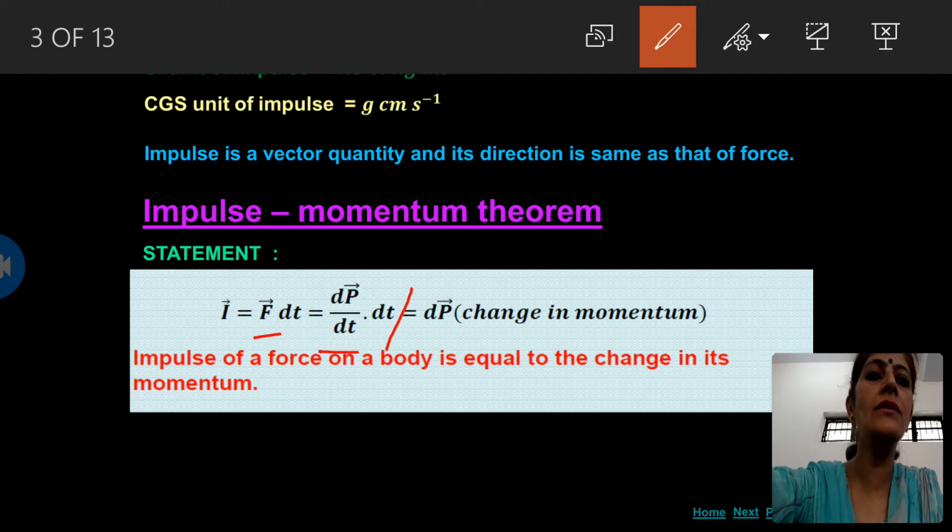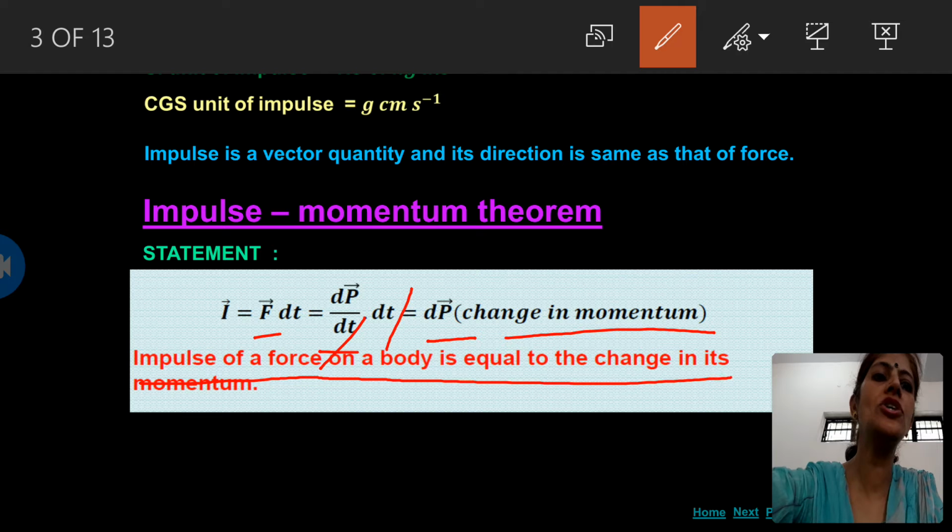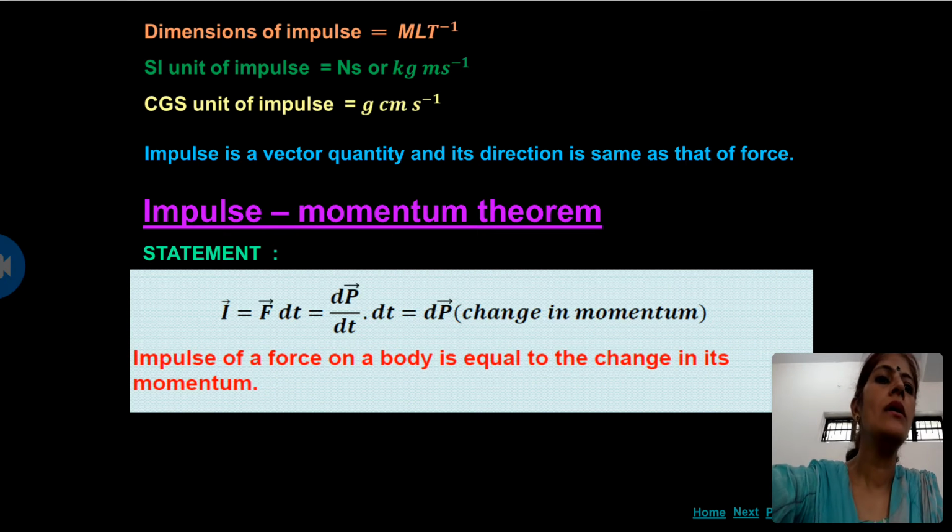So dt and dt will get cancelled. So we get it is equal to dp vector, that is the change in the momentum. Therefore, the impulse of a force on a body is equal to the change in its momentum. This is what is known as the impulse momentum theorem.